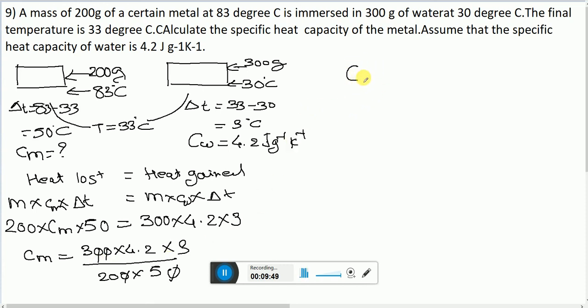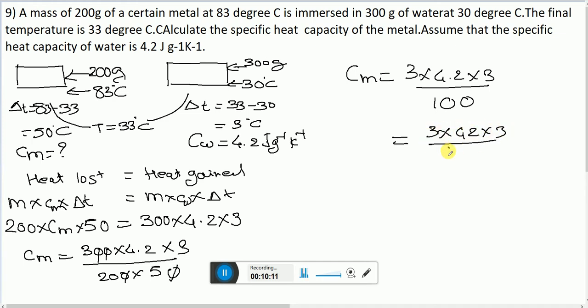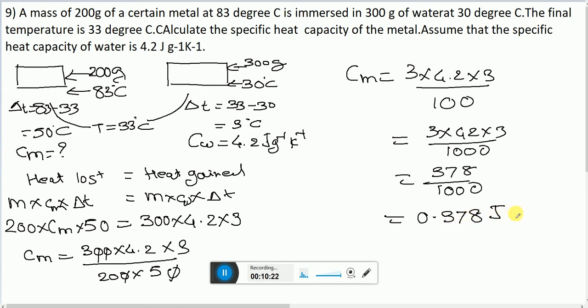So I can say here the specific heat capacity of metal is equal to 3 into 4.2 into 3 divided by 100, which is equal to 3 into 42 into 3 upon 1000, which is equal to 378 upon 1000, which can be written as 0.378 joules per gram per Kelvin. This is the answer.